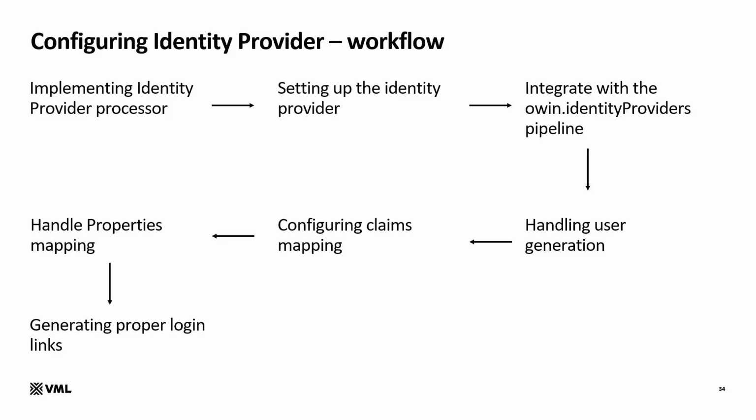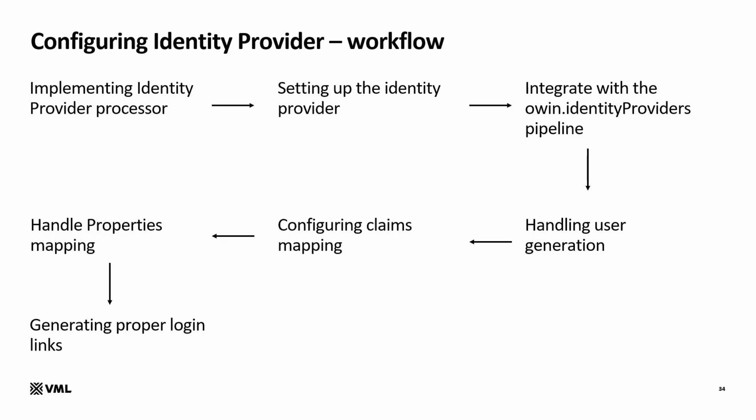And of course we may also want to configure those claims mappings that I mentioned, so Sitecore can fully understand the metadata related to the user that we are sending. And we also have a properties mapping part, so we can tell Sitecore to map some metadata that we are sending in those tokens, for example the ID token, to some properties in Sitecore.